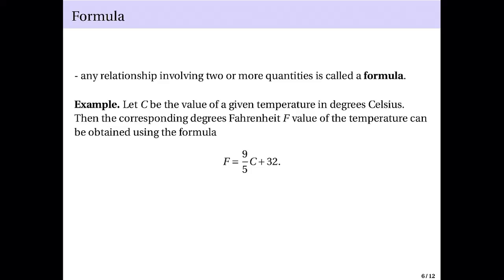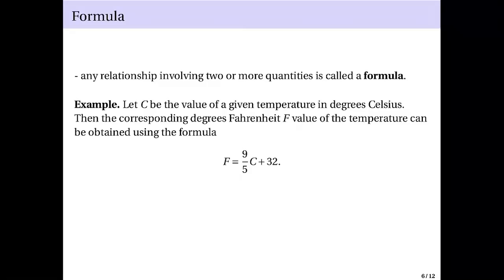So what we're going to do is to rewrite this formula such that C will be in terms of F. We will find a formula for a quantity in terms of the other quantities.